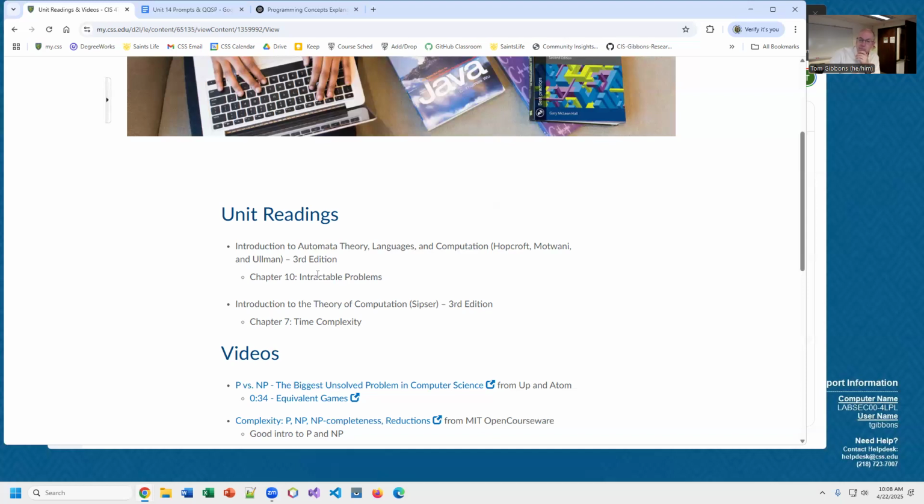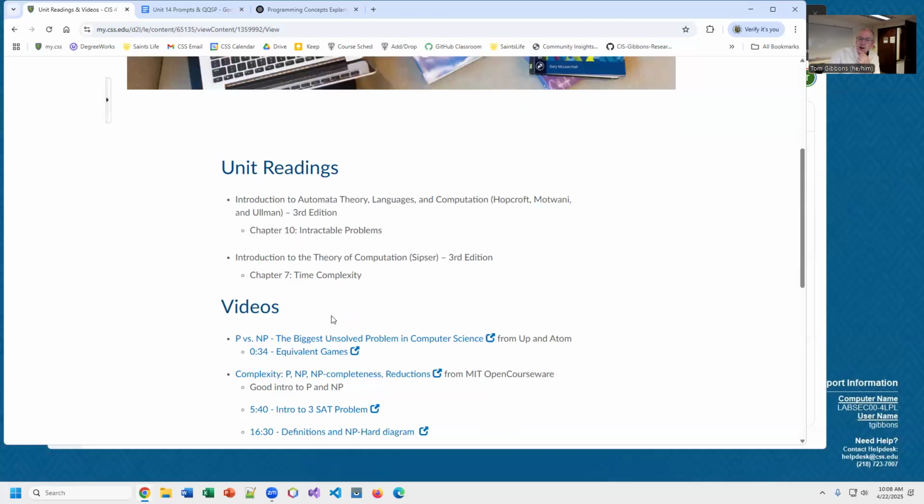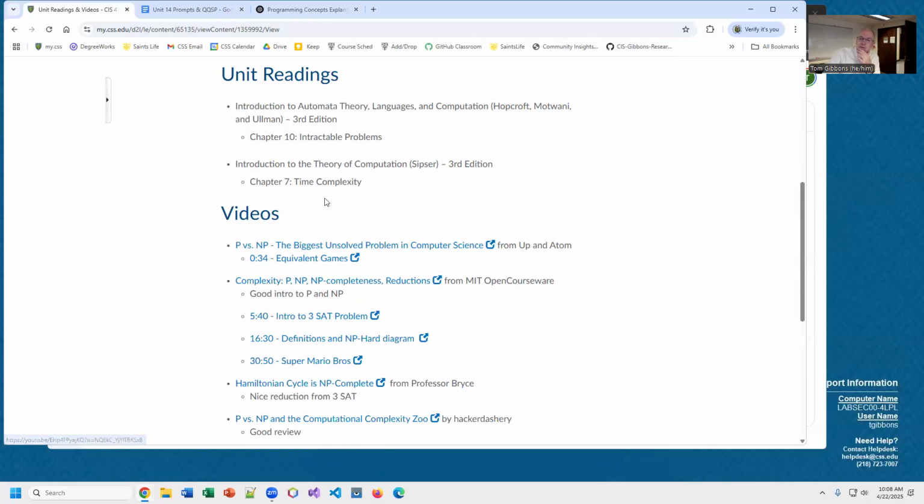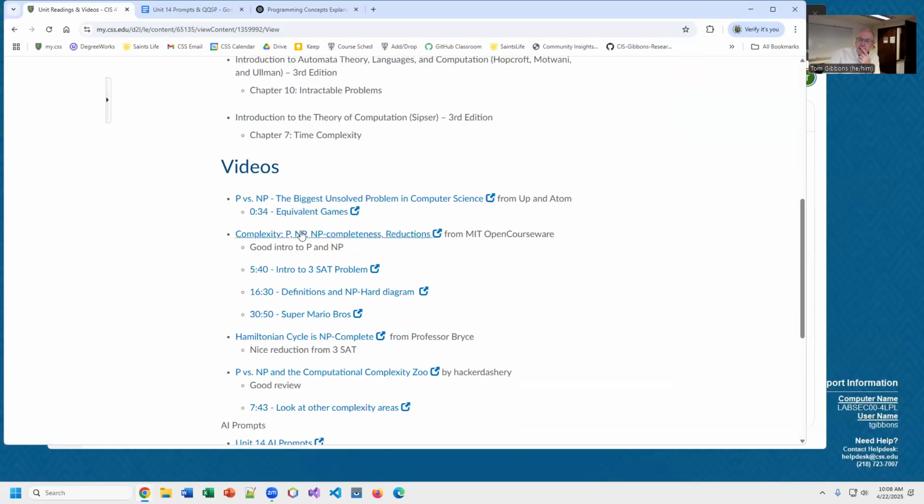And Sipser talks about time complexity and builds into this. Both of them get into this NP versus P material relatively quickly. One of the things we're going to want to do is show that problems are equivalent to each other, that algorithms are equivalent to each other.